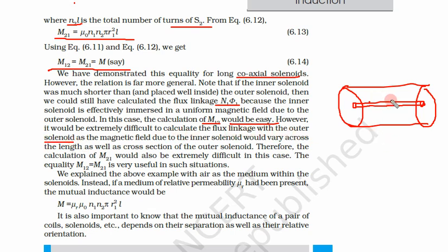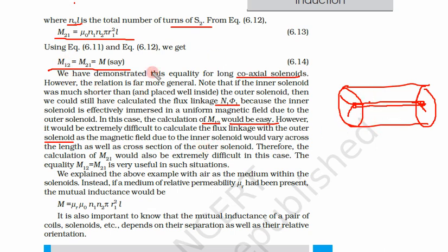Why? Because when we pass current in this inner solenoid, there will be this type of flux in the outer solenoid, which makes the case very difficult, as the magnetic field due to the inner solenoid will vary across the length. This magnetic field will vary so much that the calculation would be very difficult.